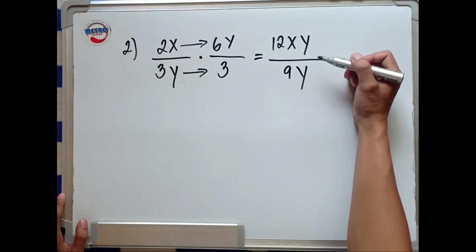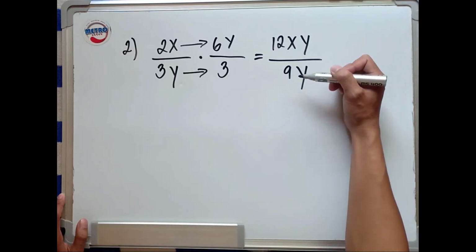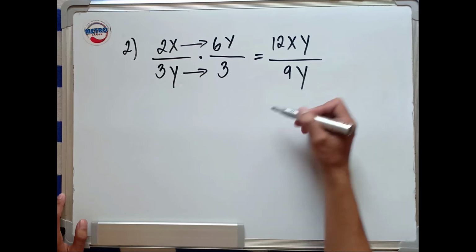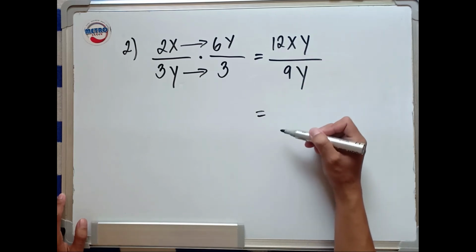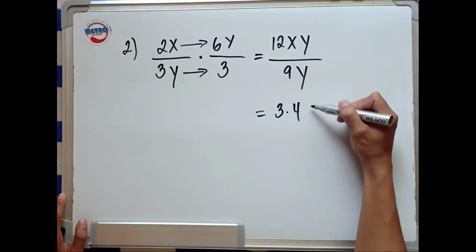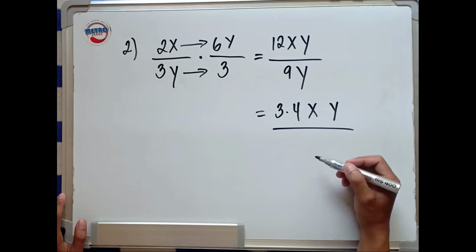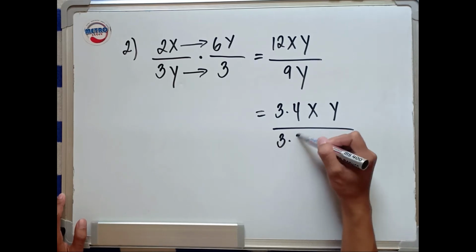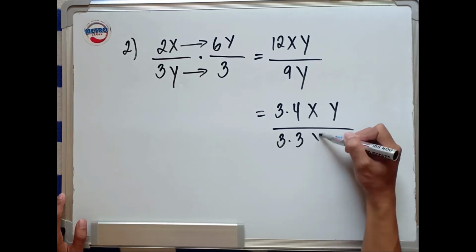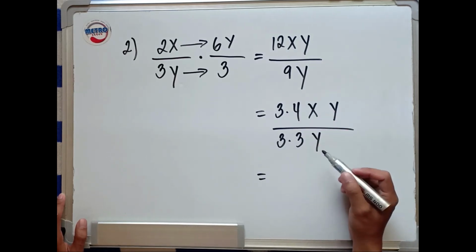So we have to know if the numerical coefficients have common factors. So for 12, that is equivalent to 3 times 4. Then copy x and y. For 9, that can be written as 3 times 3. Then copy y.